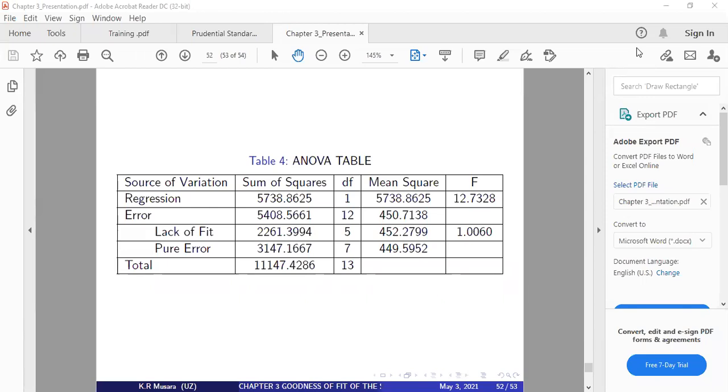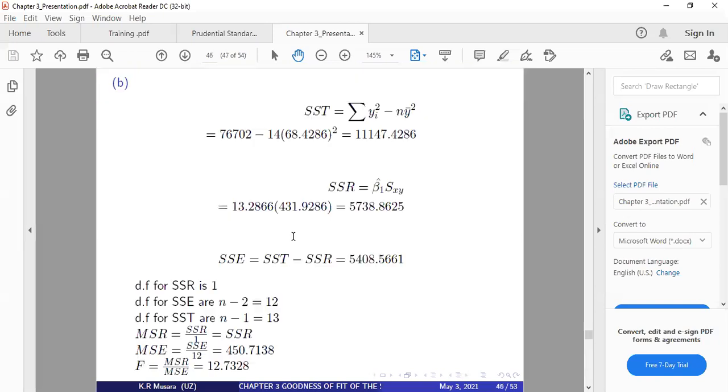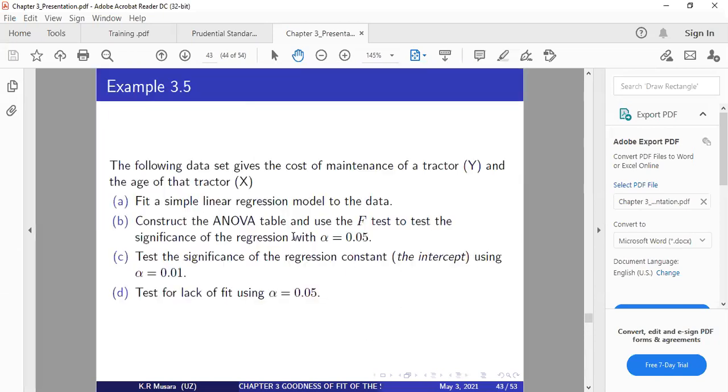Please confirm that the lack of fit and pure error are a breakdown of variation from error. Can you repeat your question?